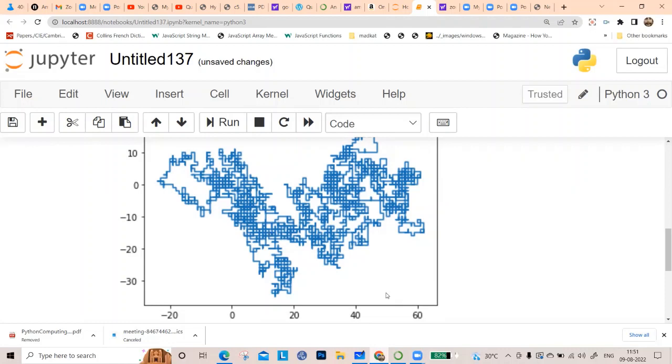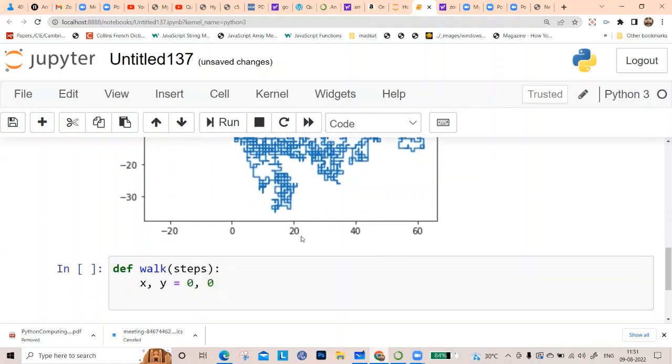At every time step, it proceeds to some place, and I need to calculate the distance from this point to the initial point. Again, it goes to some place after some time, and we need to calculate the distance between the initial point and the final point. That way, we'll calculate the position of the random walker at different time steps, right?